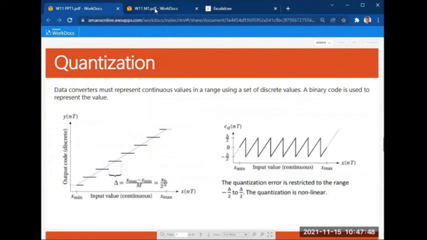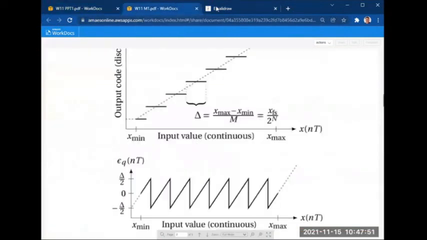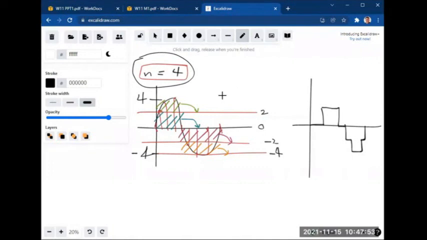So in this case, if we have 4 bits, X max minus X min over M, or 2 raised to N.